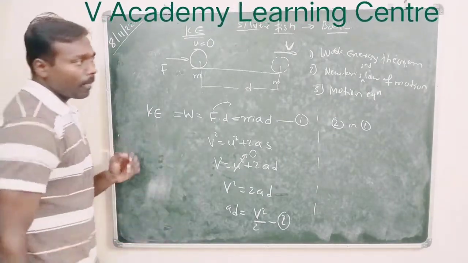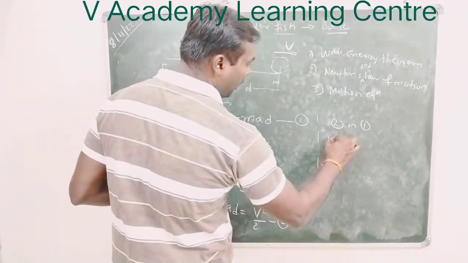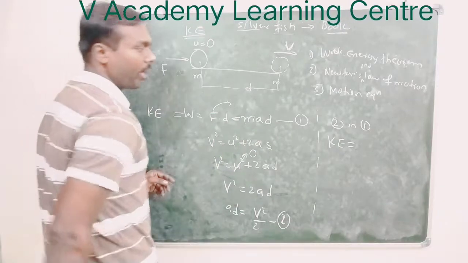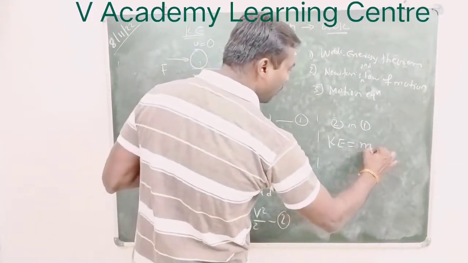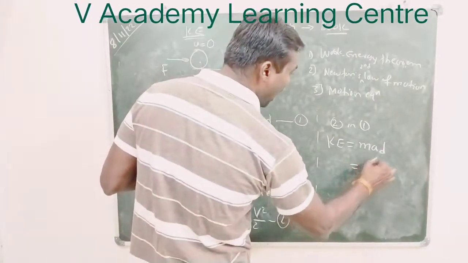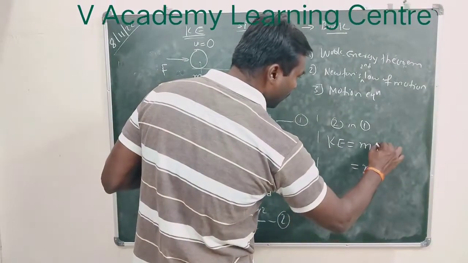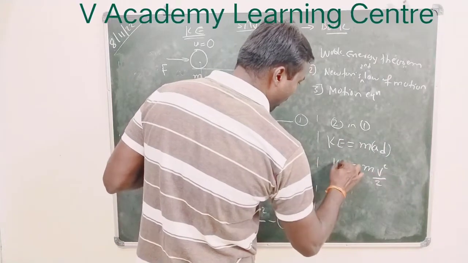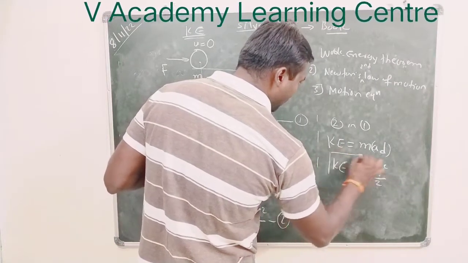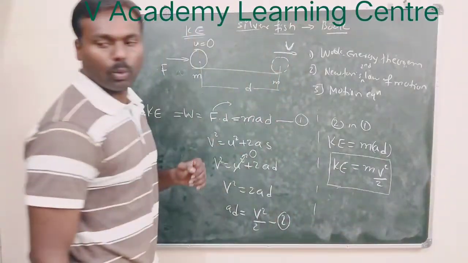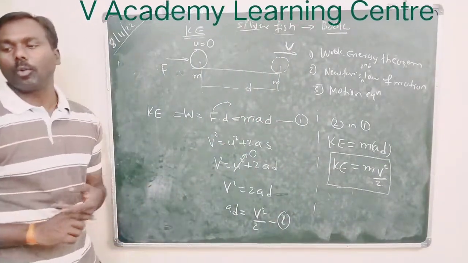So kinetic energy is equal to m a d, and ad is v square by 2. That is why kinetic energy is equal to m v square by 2. Hope it is clear?